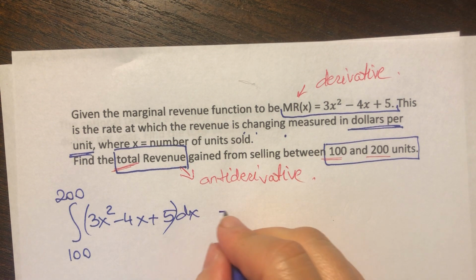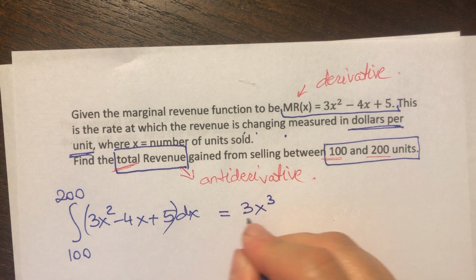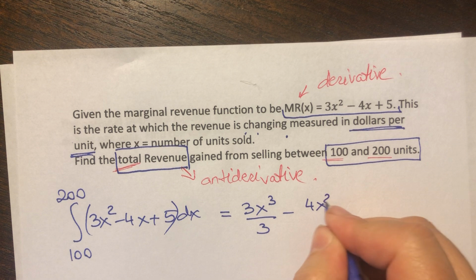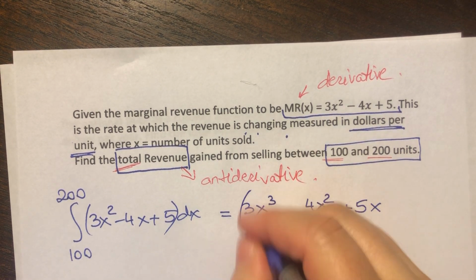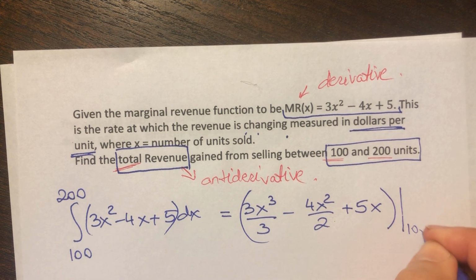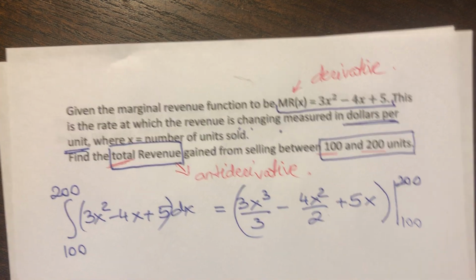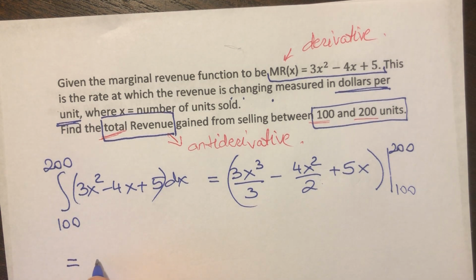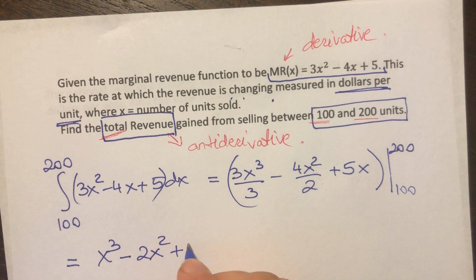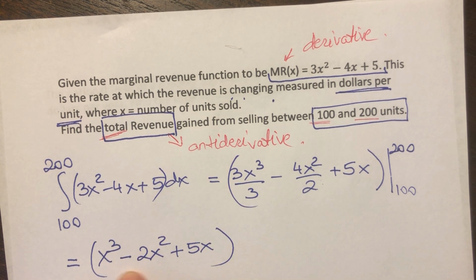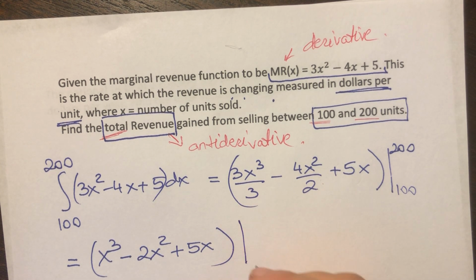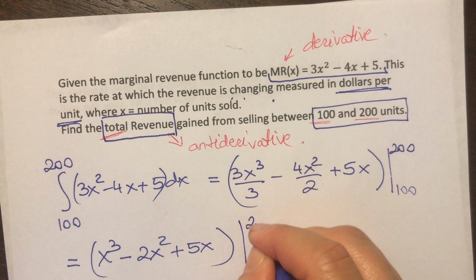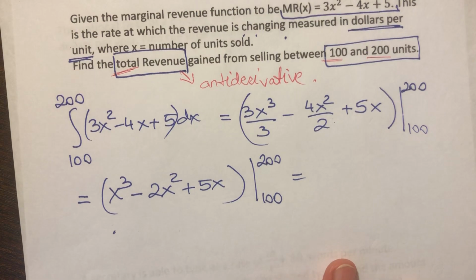Okay, how do we find this? We find the antiderivative. Which again, we found it many times by now, between 100 and 200. Okay, I'm going to simplify that a bit, and that's going to be x cubed only, minus 2x squared plus 5x. Again, take the derivative of all of this, and you're going to come up exactly with these three terms, but now between 100 and 200. So what do we do?